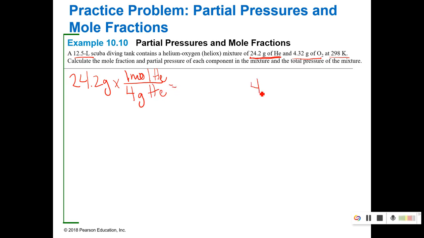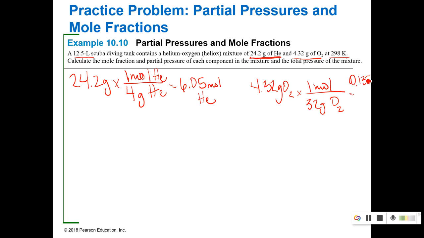And I'm going to do 4.32 grams oxygen. Just 32 grams of oxygen. Okay. I've got 6.05 moles of helium and 0.135 moles of oxygen.